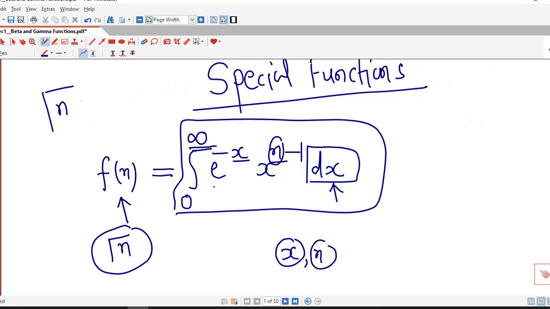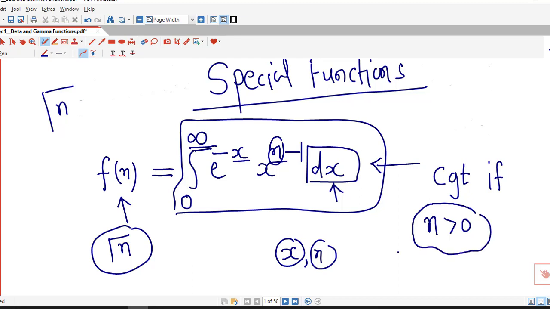So gamma n is nothing but the integral from 0 to infinity of e raised to minus x times x raised to n minus 1 with respect to x. And we can show that this improper integral is convergent if n is a positive real number. For n negative or 0, the gamma function is undefined because this improper integral is divergent if n is less than or equal to 0.